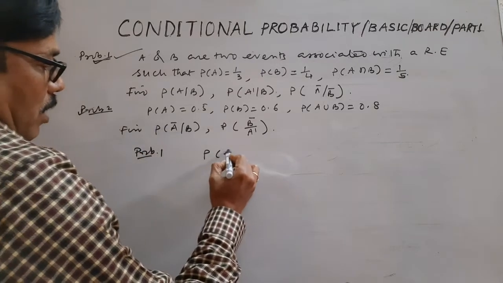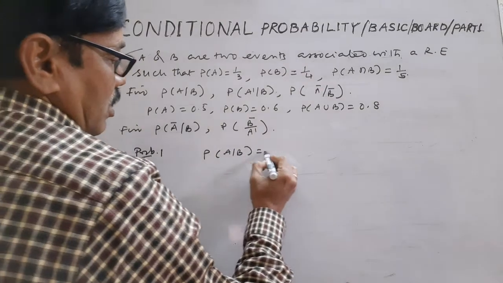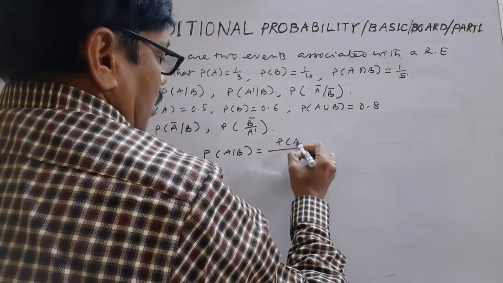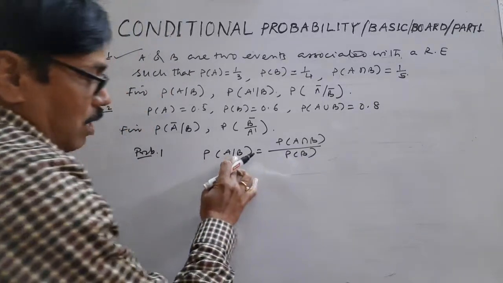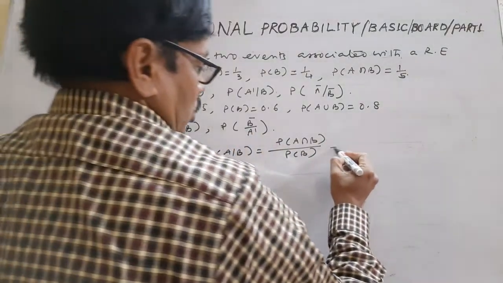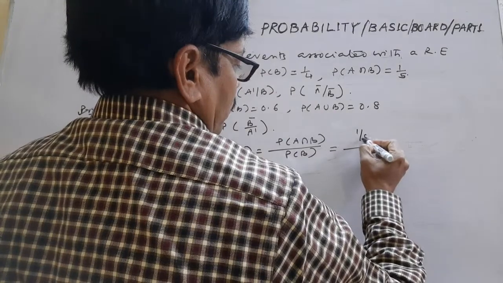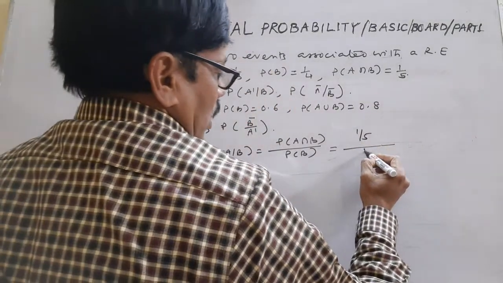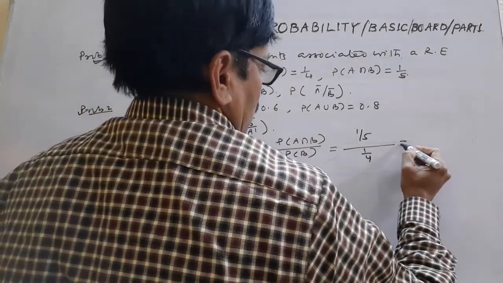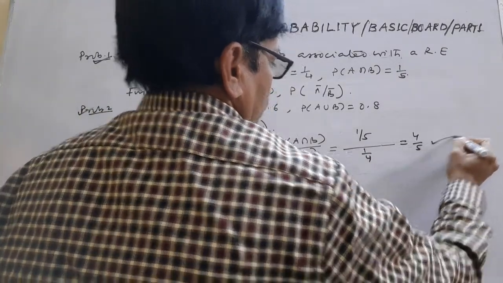So problem number 1. P(A|B). This is the simplest one, from the definition, P(A intersection B) by P(B). If it is given as 1 by 5, then 1 by 5, and what is P(B)? 1 by 4. So this is 4 by 5.